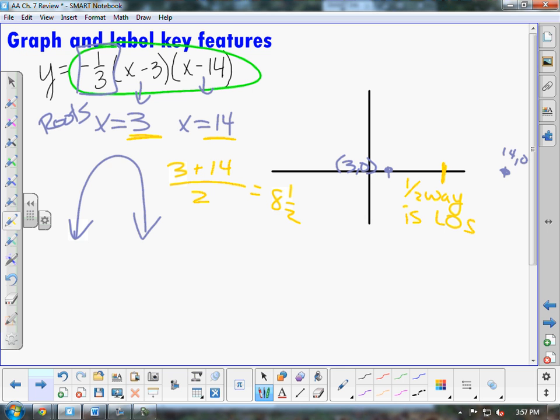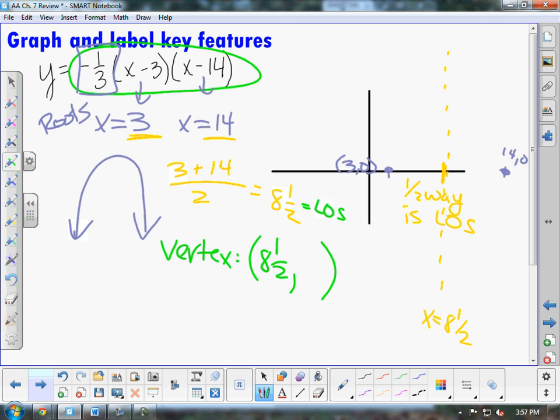And so that line of symmetry is x equals 8 and 1/2. And then if you want to find the y value, once you know that the x value is 8 and 1/2 for the line of symmetry, then the vertex is going to be at 8 and 1/2, comma, something. And then you have to substitute 8 and 1/2 into the equation.